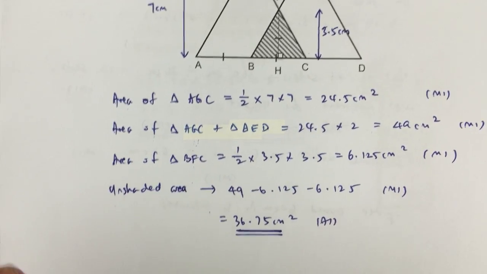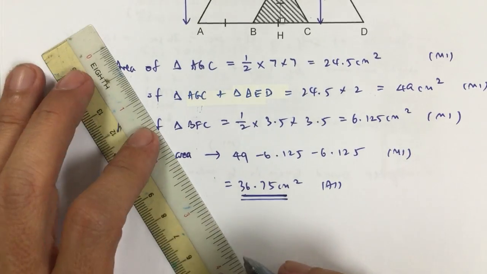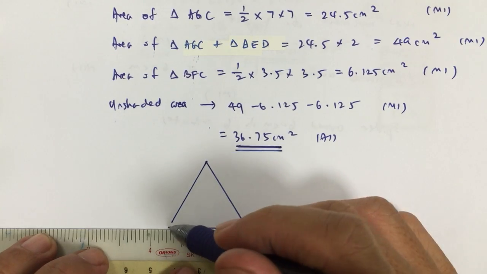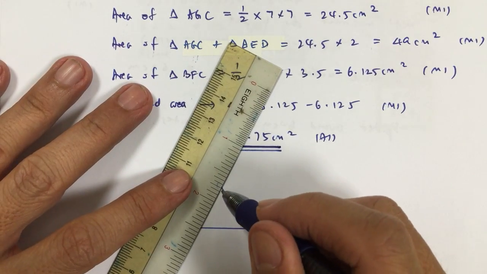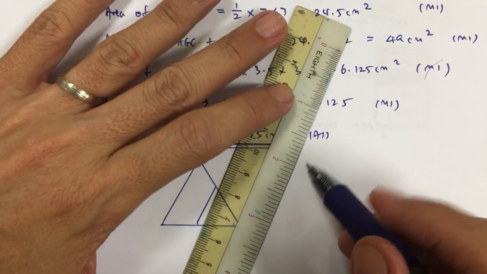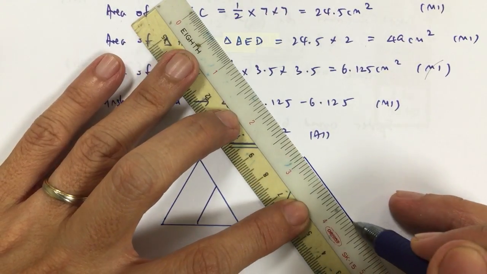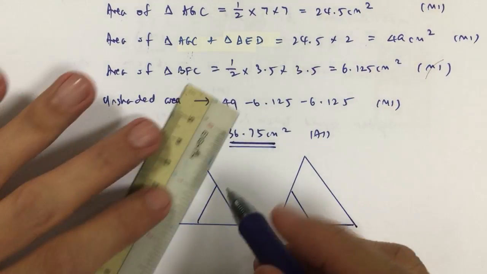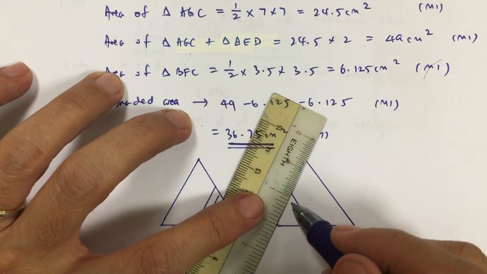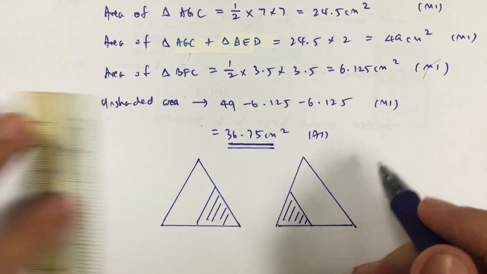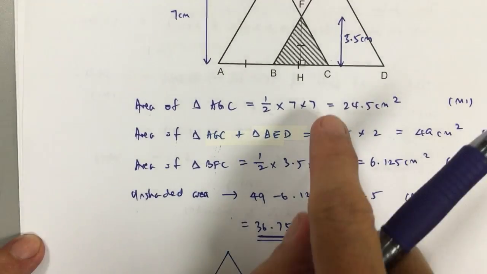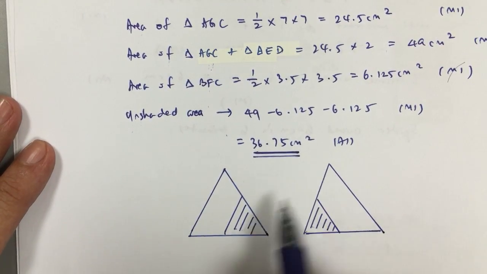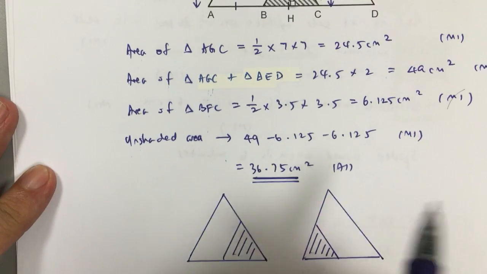Why can I not minus away 1? If I minus away 1, this is what happens. I have this, and this is inside here. If I draw out the two triangles separately, to find the area of the shaded region, I take the area of the two big triangles, which is 49.